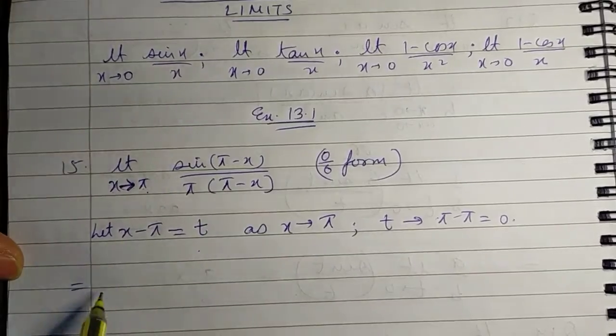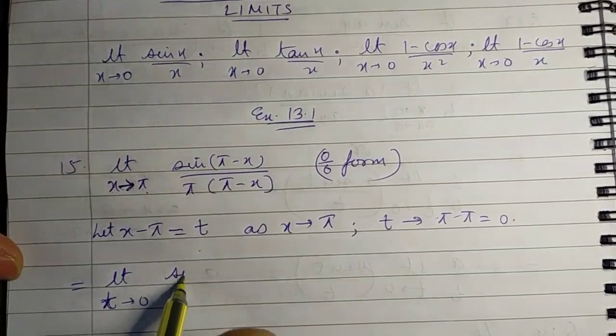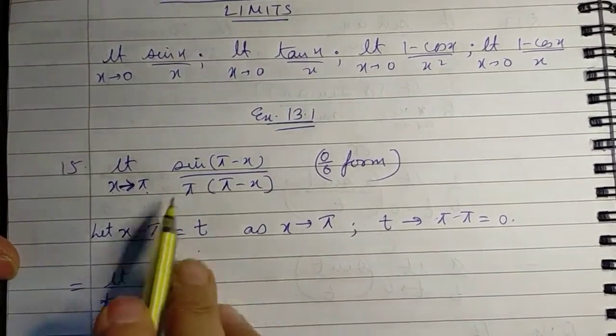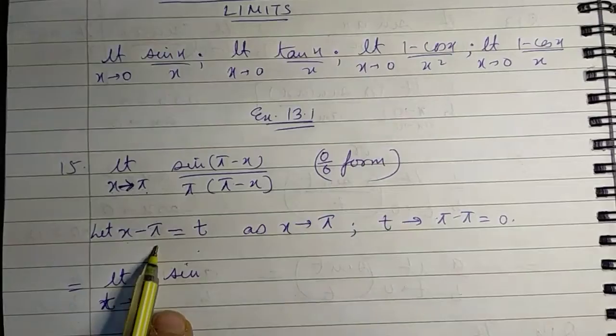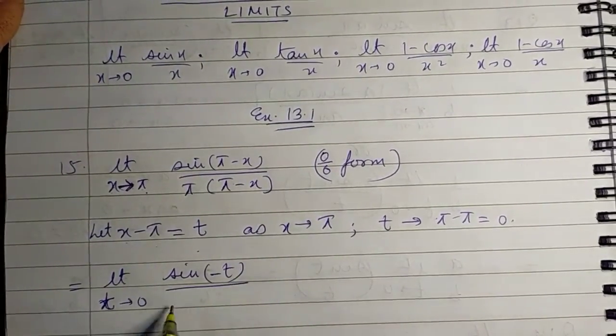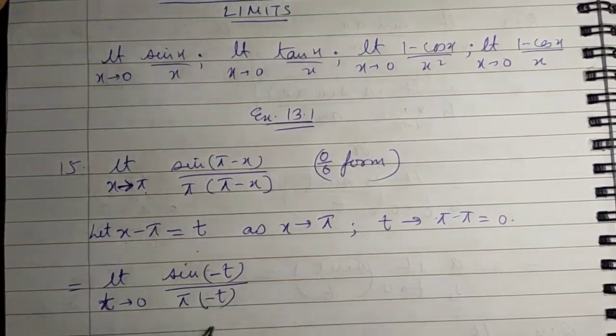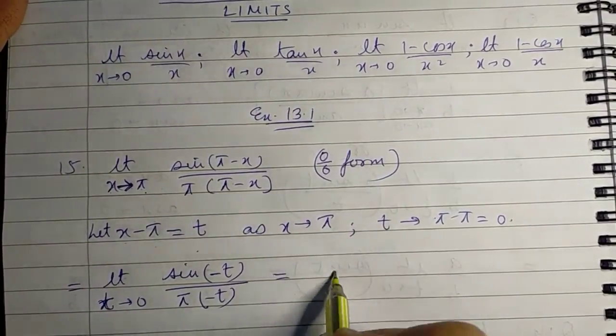So the given limit will become t approaching 0. Now in place of pi minus x, if x minus pi is t, pi minus x would be minus t, upon pi remains as it is, again you have minus t.